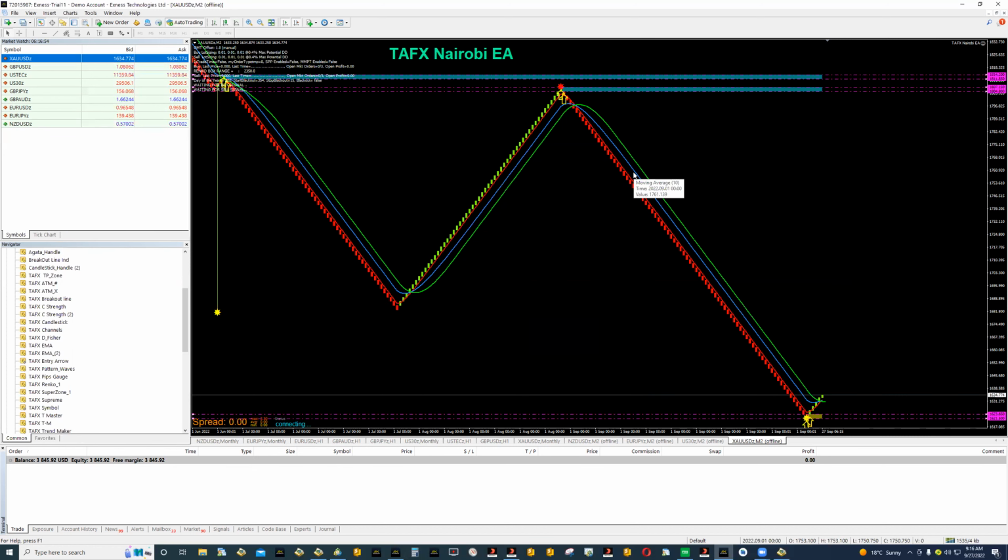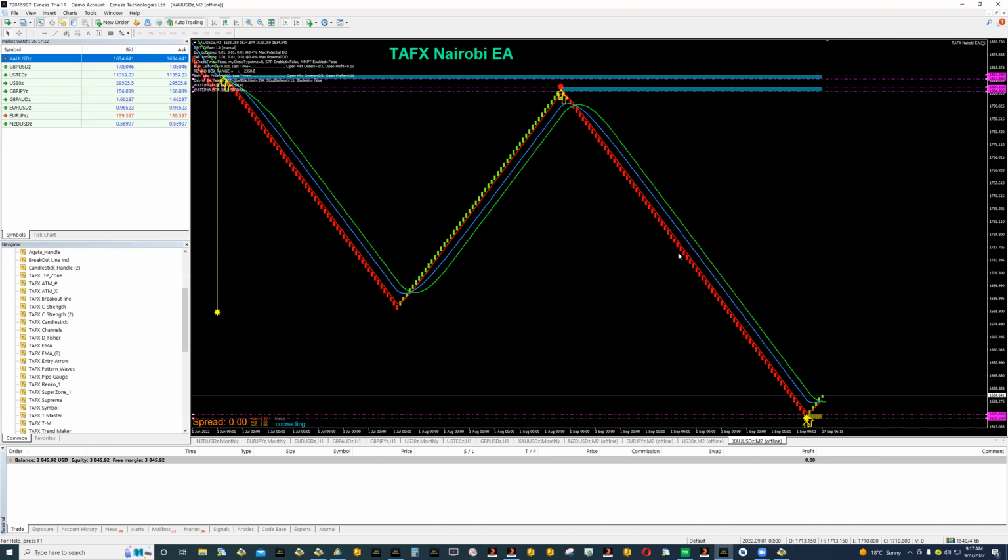So, guys, this is to tell you that some of your demo accounts should have this EA. Don't say, oh my friend, that is too much work. No, this is an EA. Just set it. If your PC is strong, just set multiple terminals, set the EA, leave it and watch which one picks the trade first.